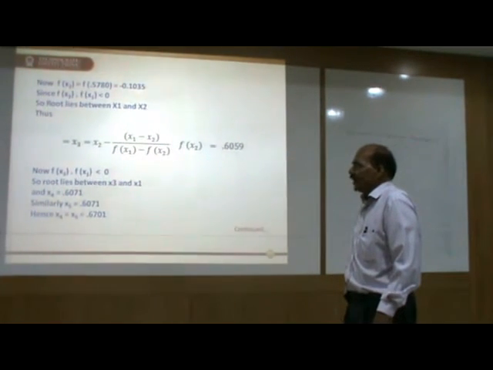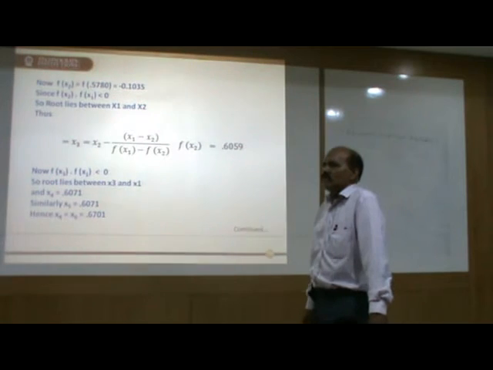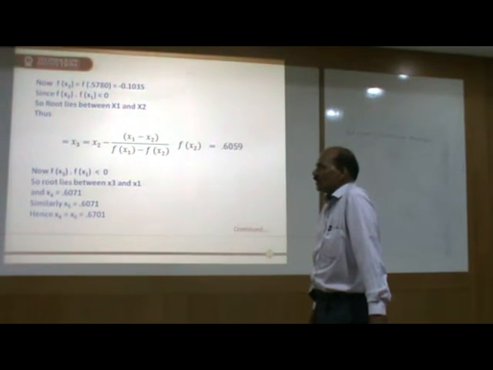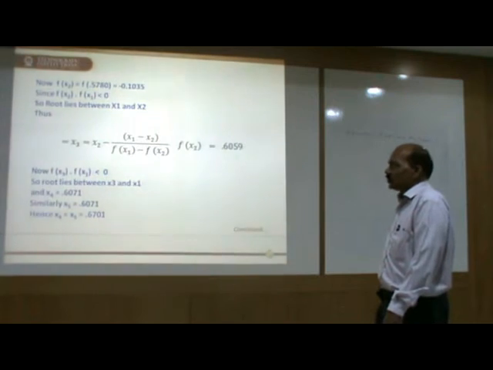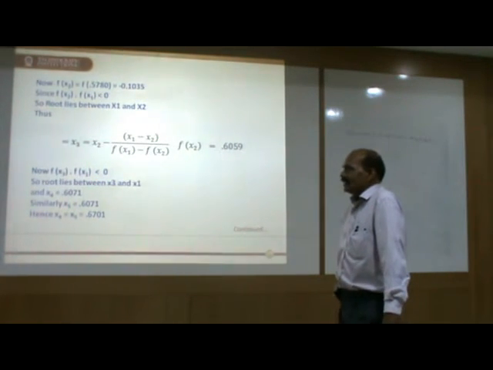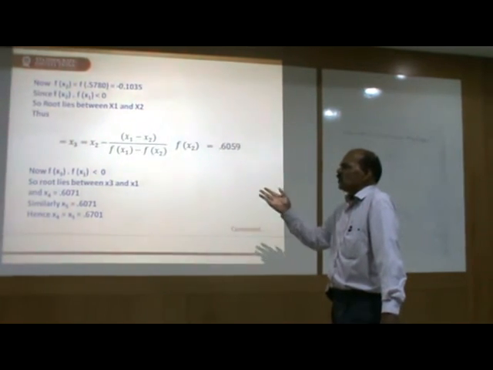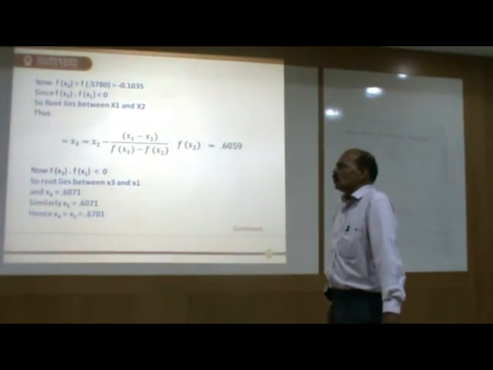So we have calculated f of x3 and we have also used the value of f of x1. Now f of x3 into f of x1 is less than 0. This indicates the root lies between x3 and x1. And then similarly, putting these values, we got x4 is equal to 0.6071.